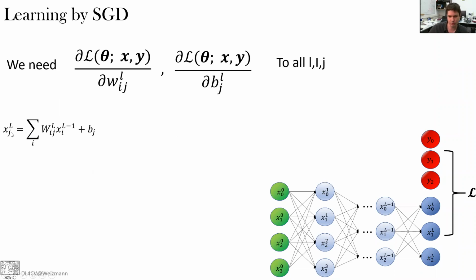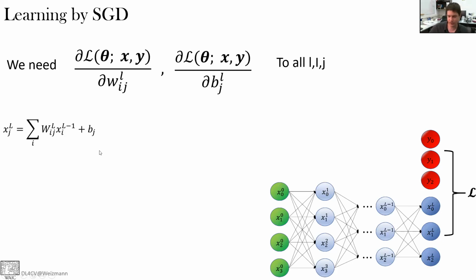Each neuron of the output vector, I'm able to express it with respect to the neurons of the layer capital L-1. But I only have here the weights and the bias of the last layer over here.